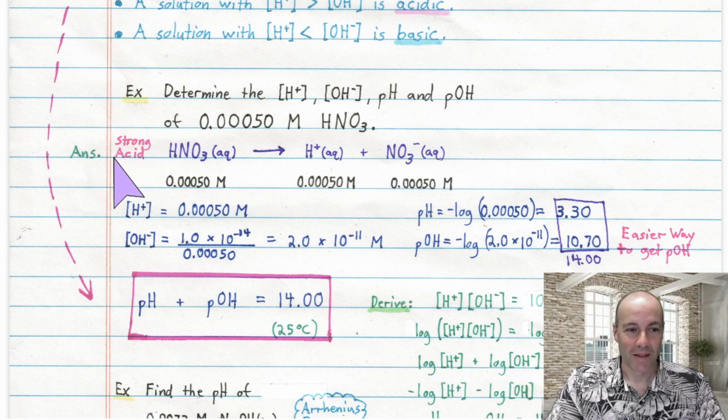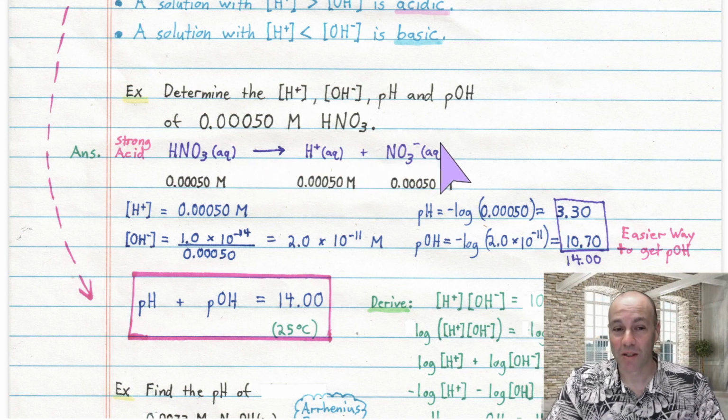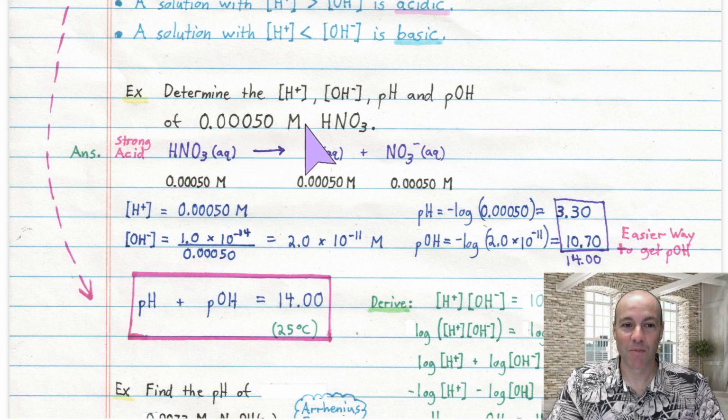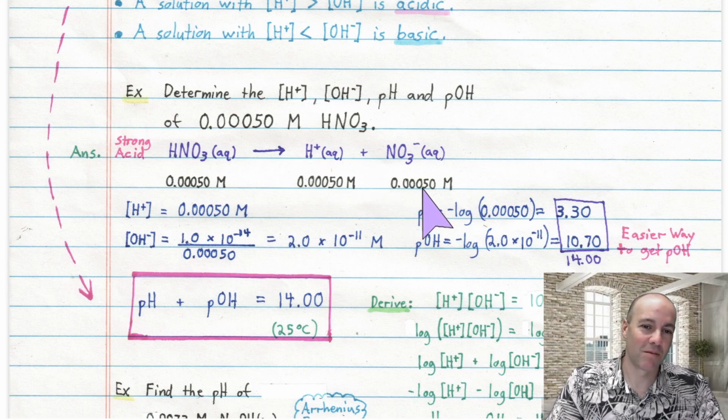So this is a strong acid, and like all strong acids do, it dissociates completely in solution. So if you have a solution which is 0.0005 molarity nitric acid, then it all dissociates and you end up with 0.0005 molarity of protons and 0.0005 molarity of the nitrate anions.